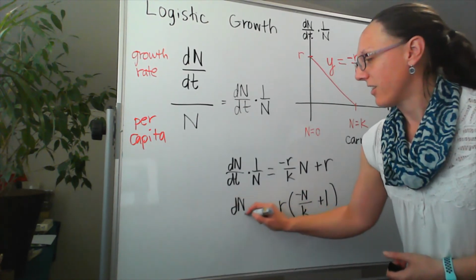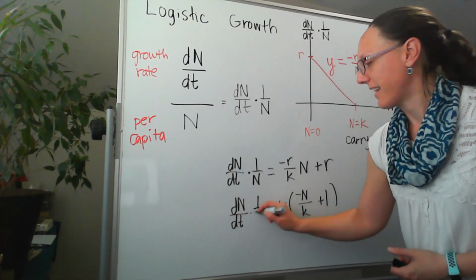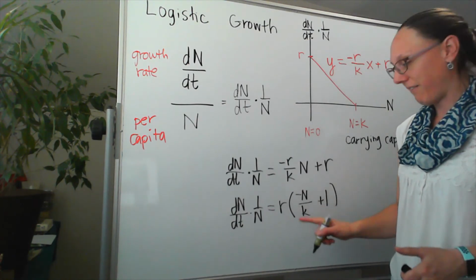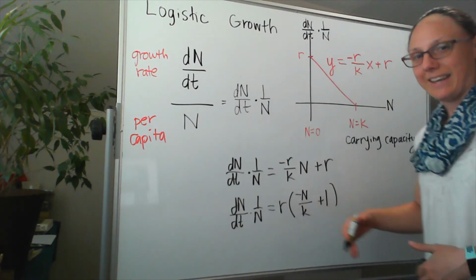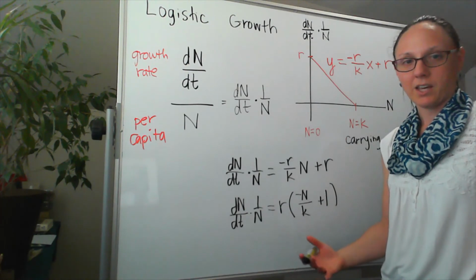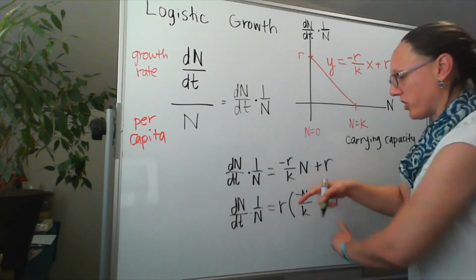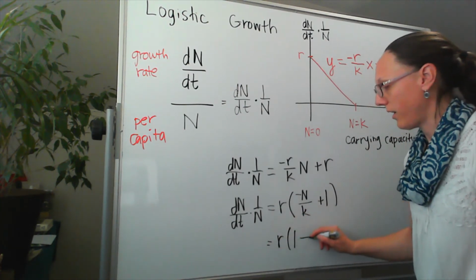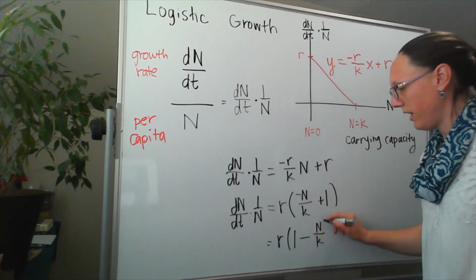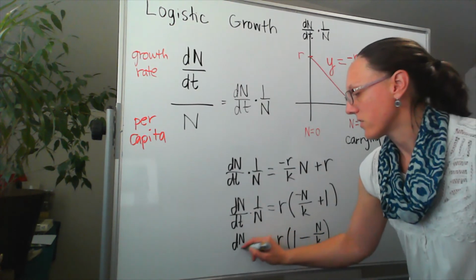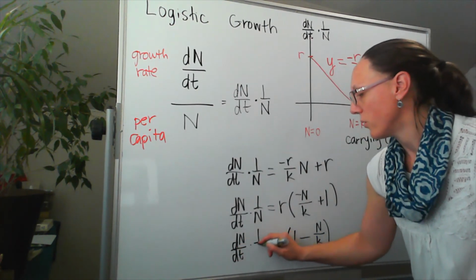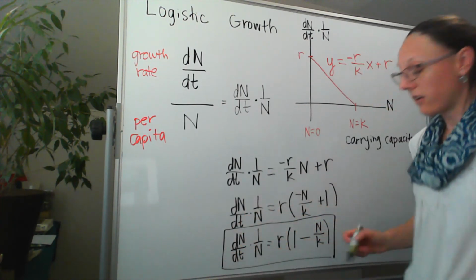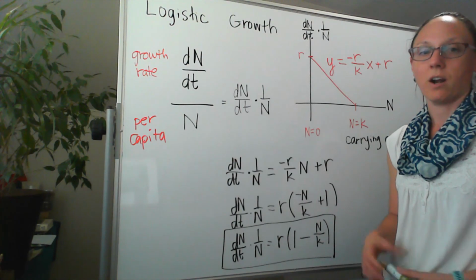And then, like a lot of textbooks and mathematicians tend to do, for some reason, people have decided that having a minus sign out in front is less visually appealing and less simplified than switching this order to look like r times 1 minus N over K, and there's our dN/dt times 1 over N. And this is our standard differential equation form for logistic growth.